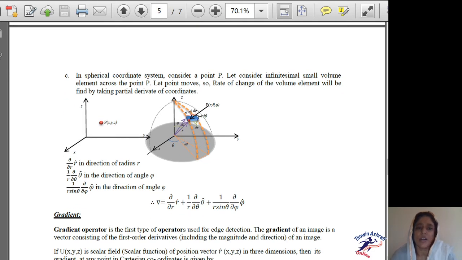In a spherical coordinate system, consider point P. Let's consider a small volume element around this point. Now let the point be moved so that the rate of change of the volume element is again taken by the partial derivative of the coordinates. Now here we have theta, phi and r.